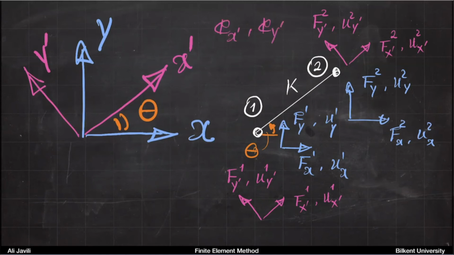These are the basis vectors in the prime coordinate system, or pink coordinate system, and then ex and ey. These are the basis vectors in the xy coordinate system. These are the unit vectors that you usually know.